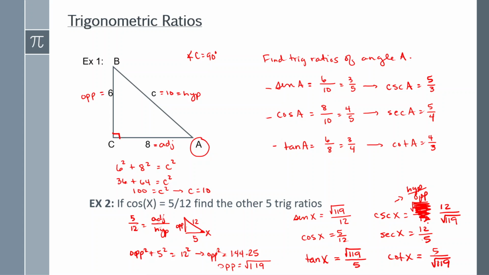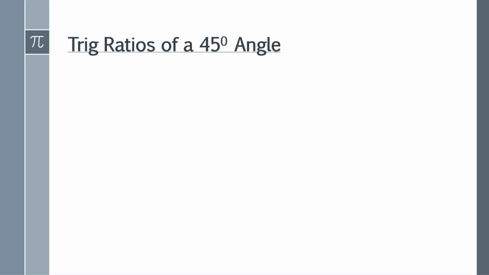Now, inside a 45-degree triangle, if I have a 45-degree angle, that means the other angle is also 45 because they have to add to 180 degrees. That means the two legs are the same. They are actually isosceles triangles.